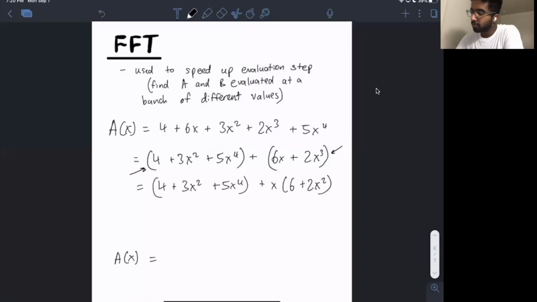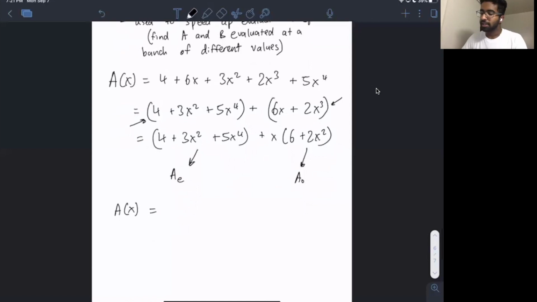To go one step further, let's factor out an x right here. Then we denote this expression as A sub e, which is the even terms of A of x, and this expression as A sub o. So 6 plus 2x squared would be A sub o, the odd terms, right?